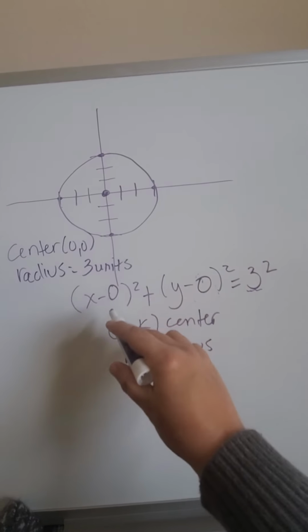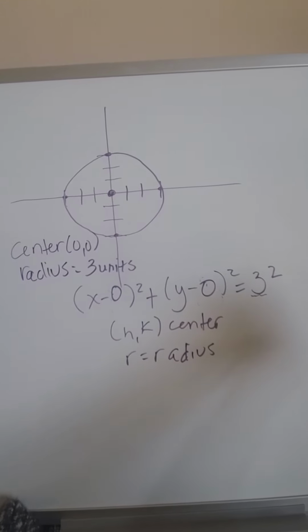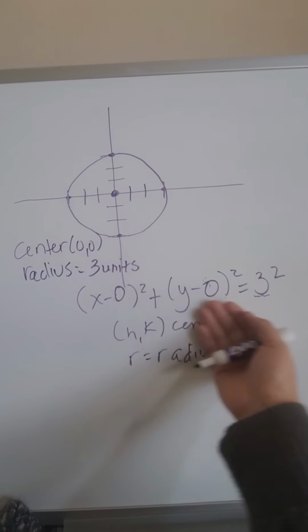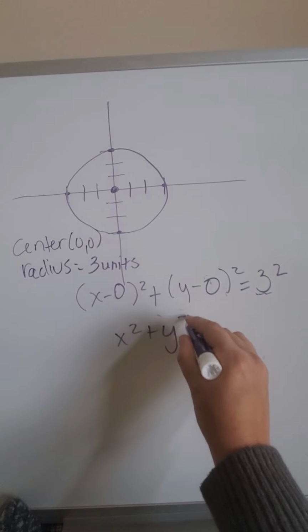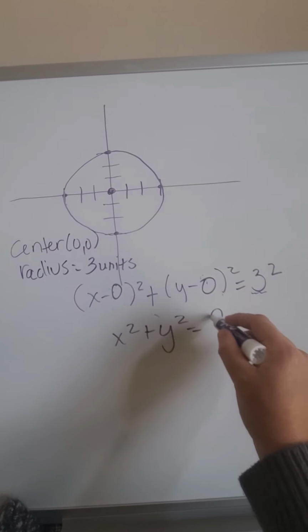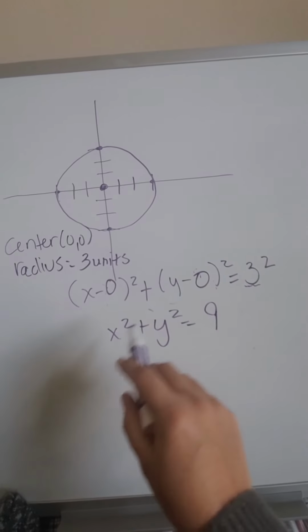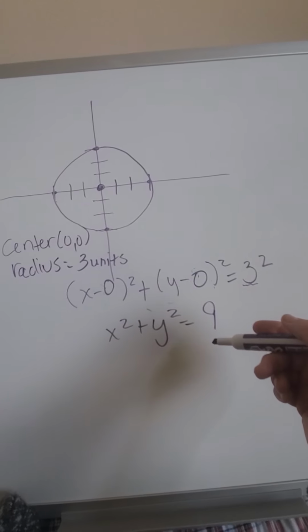Does that make sense? All I'm doing is plugging in those 3 numbers. Pretty basic concept, right? Okay, now if it's 0, we normally are going to simplify it to look like this: x squared plus y squared equals, and 3 squared is 9, right? So that would tell me I had a center of 0, 0, and I'd take the square root of 9 and get 3, and I know my radius is 3, okay?